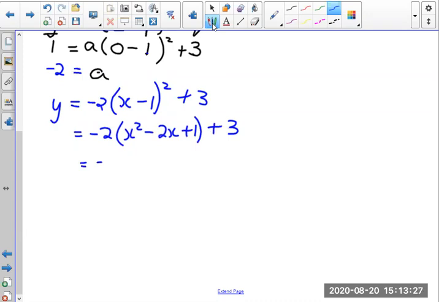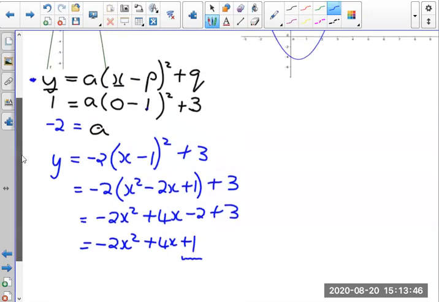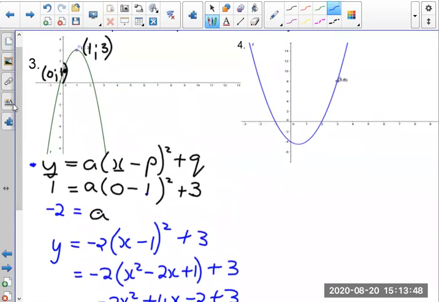Multiply the minus 2 in, minus 2x squared plus 4x minus 2 plus 3. So that will give me minus 2x squared plus 4x plus 1. And can you see again, there's the plus 1, which is the y-intercept, and there you can see, yes, the y-intercept is a plus 1.